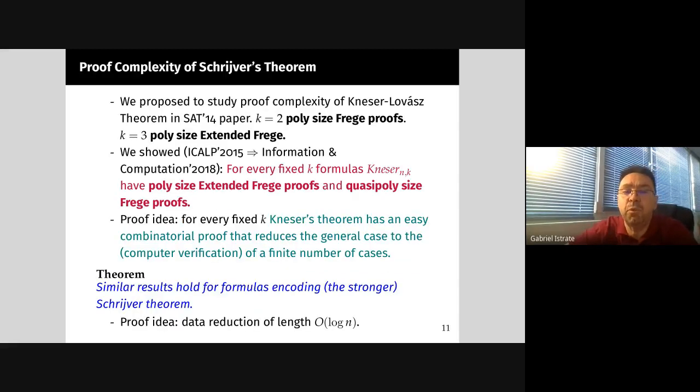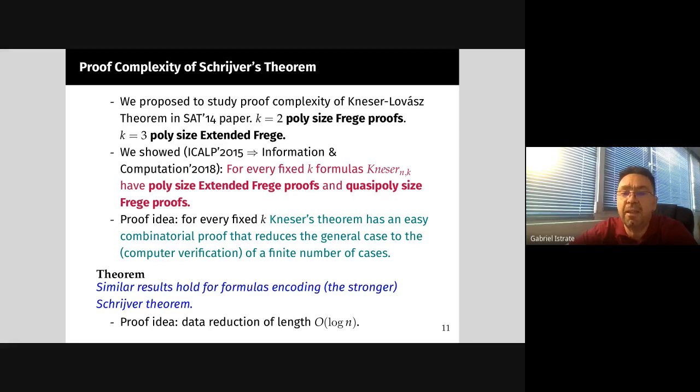And we proposed to study the Kneser-Lovász theorem in a SAT paper in 2014, and we proved that in cases that have combinatorial mathematical proofs, you can get Frege and extended Frege proofs. And we followed up this work at ICALP 2015. It appeared in the special issue in Information and Computation 2018. We did this with Sam Buss and James Aisenberg and Maria Luisa Bonet.